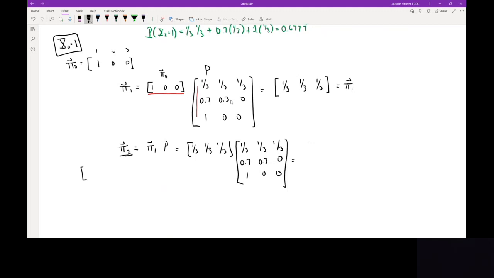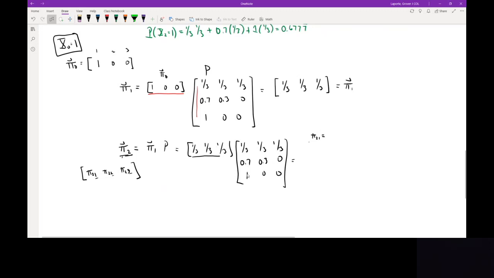It would be a vector, and I'm going to let this be pi 2, 1, this one be pi 2, 2, and this be pi 2, 3, representing the first element, the second element, and the third element in this vector. So we'll let pi 2, 1 equal, and again, it's this row times this column.